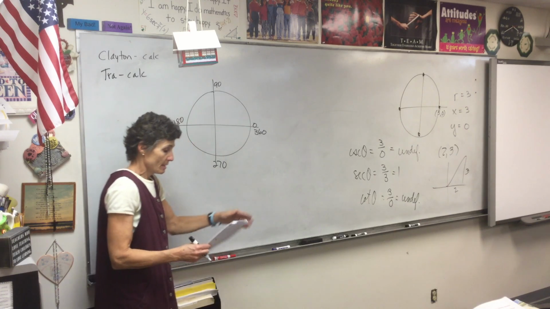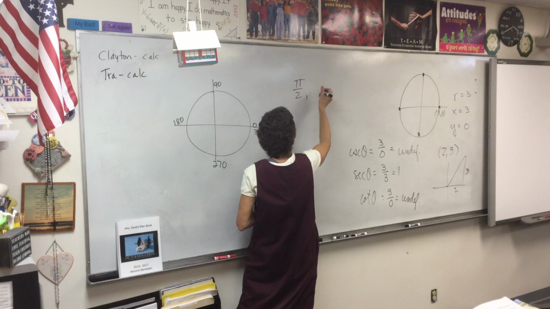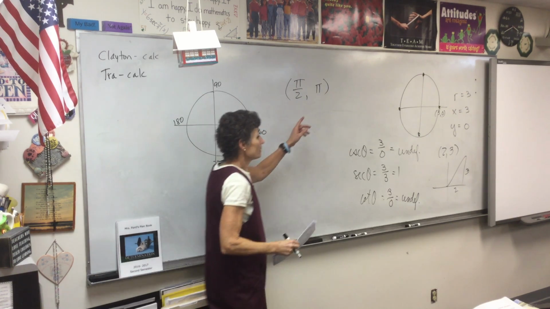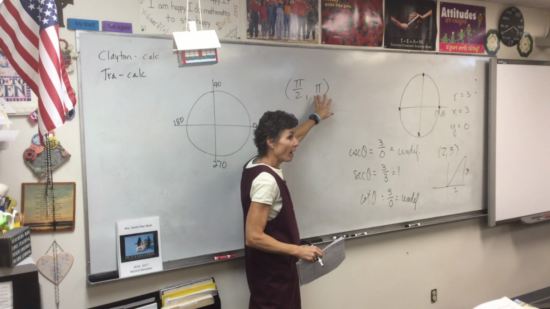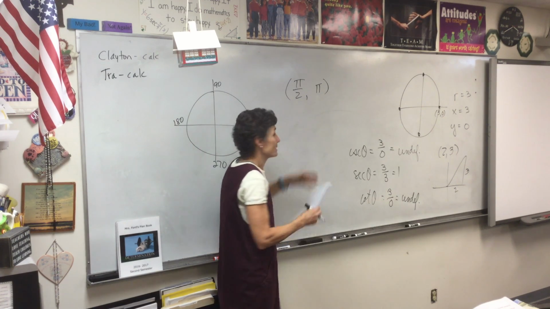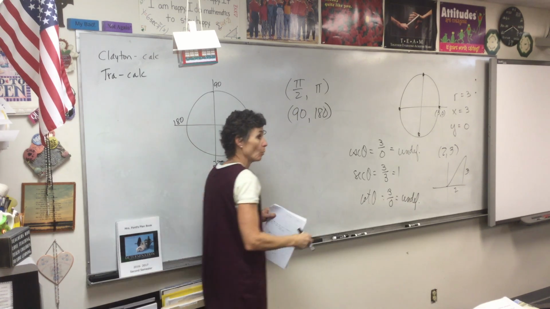So 0 to 90, this is 90 to 180, 180 to 270, and 270 to 360. Now the first question says, we want to look between pi over 2 and pi. Well, we need to change that to degrees. So how much is pi? 180. So pi over 2 is 90. So this is telling me to look between 90 and 180.